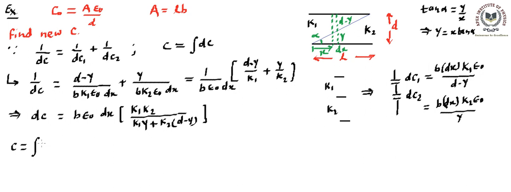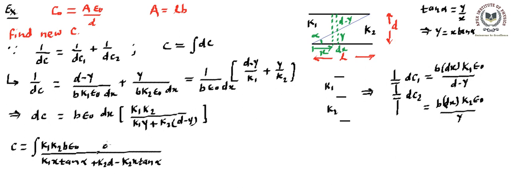In this we have k1 k2 b epsilon naught divided by the denominator, which has k1 into y, so it becomes k1 into x tan alpha, plus k2 into d minus k2 into x tan alpha, then dx.